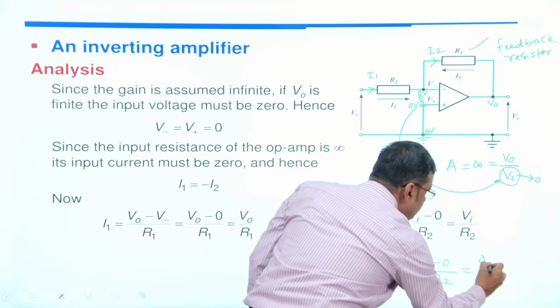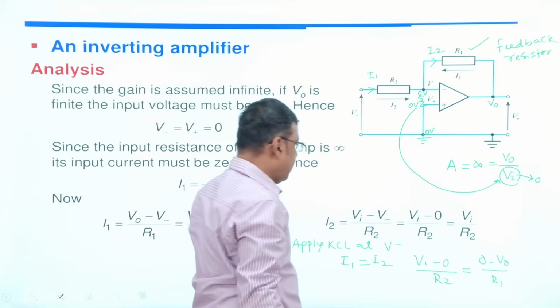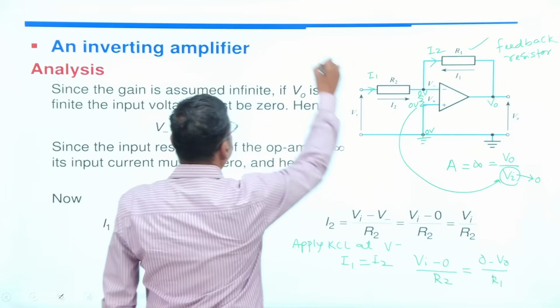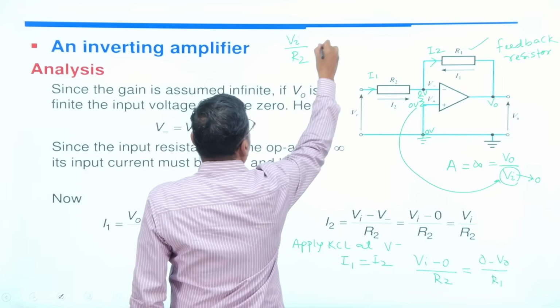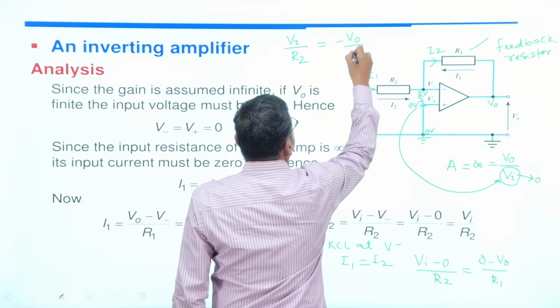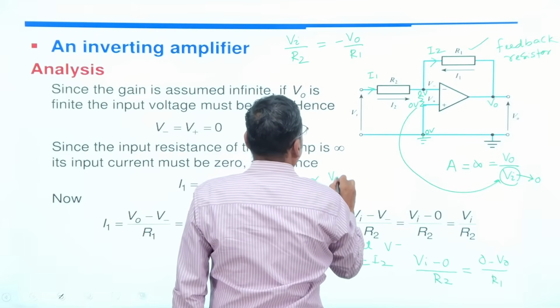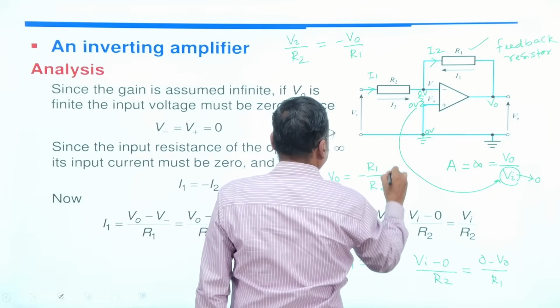So Vi by R2 equal to minus V0 by R1, or V0 equals minus R1 by R2 whole into Vi.